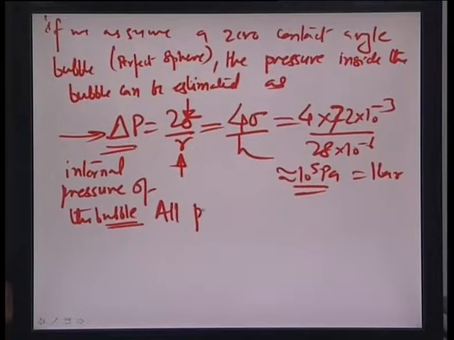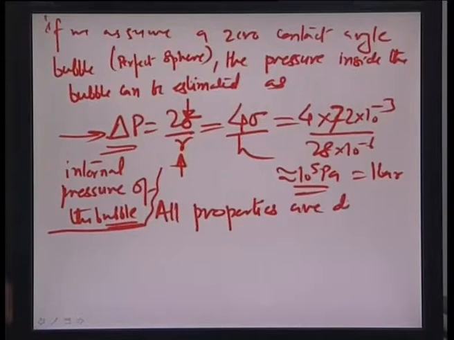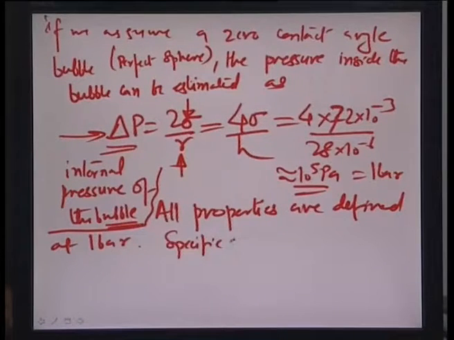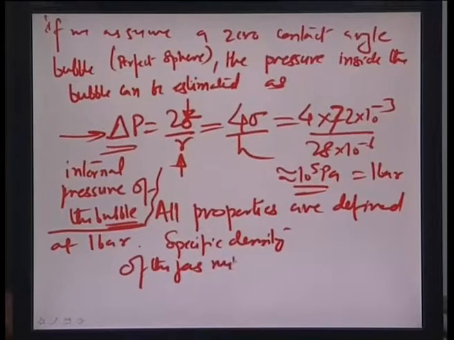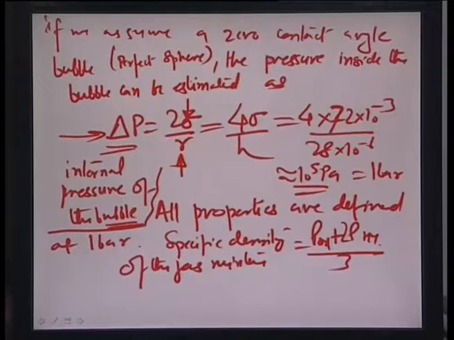All properties are defined at 1 bar. The specific density of the mixture of gases can be obtained as the specific density of oxygen at 1 bar pressure and 25 degrees Celsius plus 2 times the specific density of hydrogen, divided by 3.